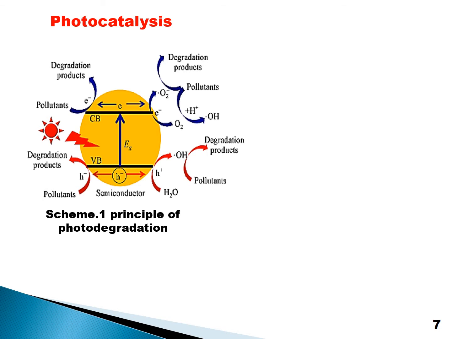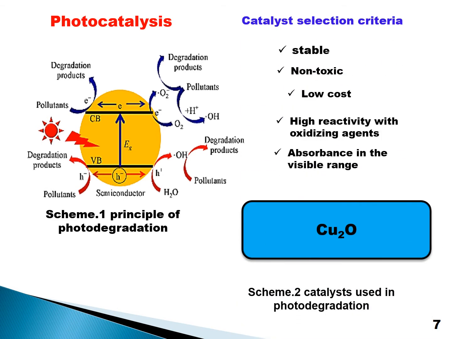Photodegradation is based on the excitation of a semiconductor, generating an electron-hole pair, causing oxidation and reduction reactions, which lead to the degradation or oxidation of the organic pollutants.